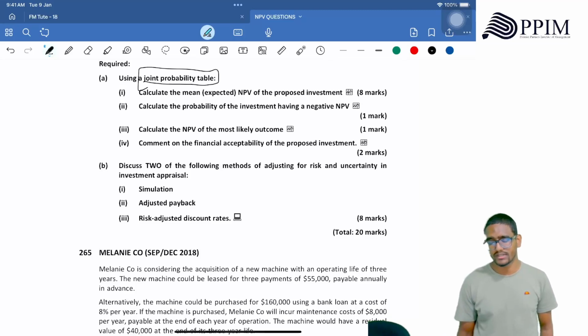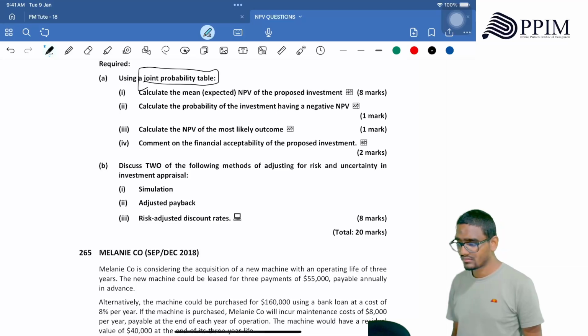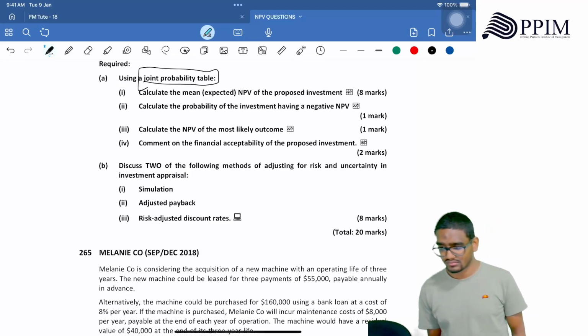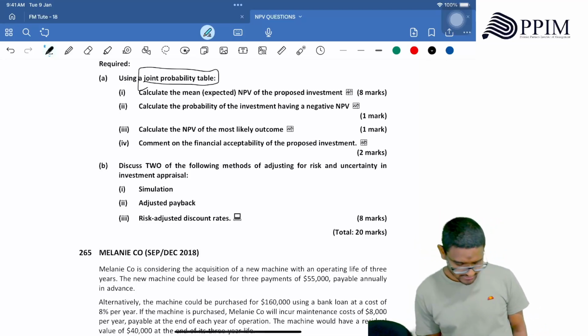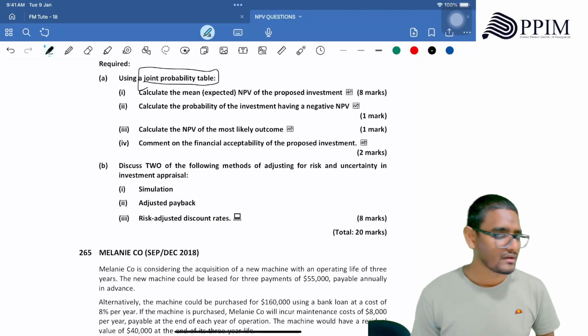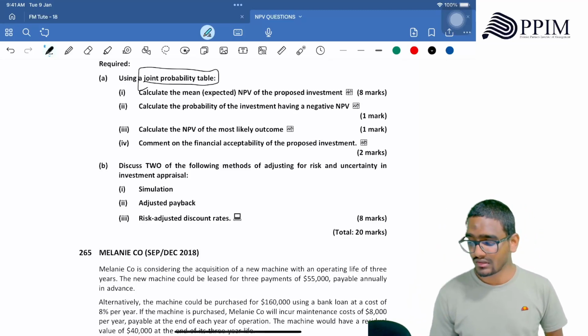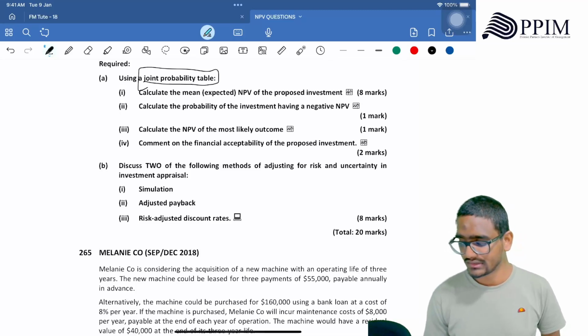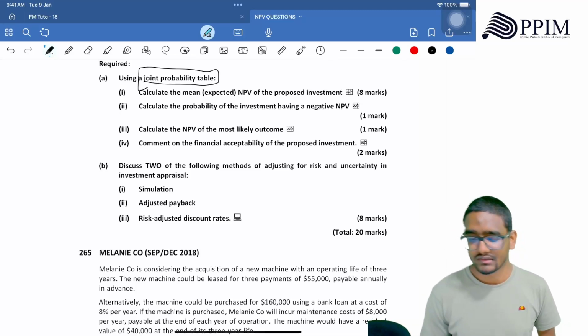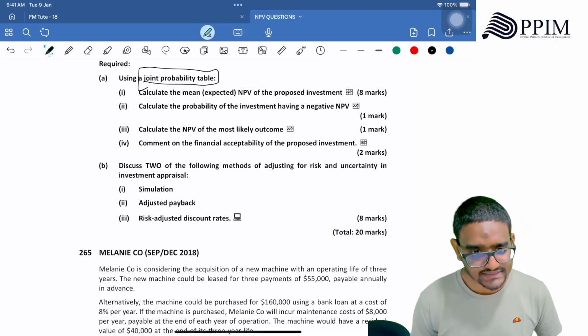The probability distribution is built based on repeated simulation runs.